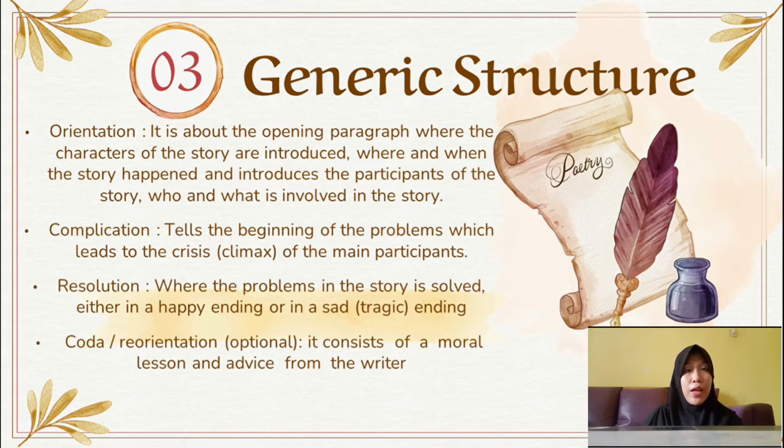In narrative text, we know this part is resolution. The resolution contains where the problem in the story is solved, either in a happy ending or in a sad ending. The last part of narrative text is coda or reorientation, but it's just optional. It consists of a moral lesson and advice from the writer.